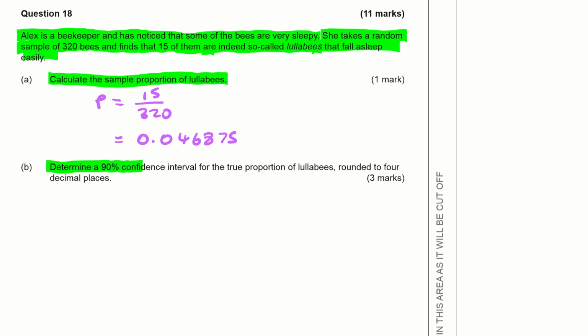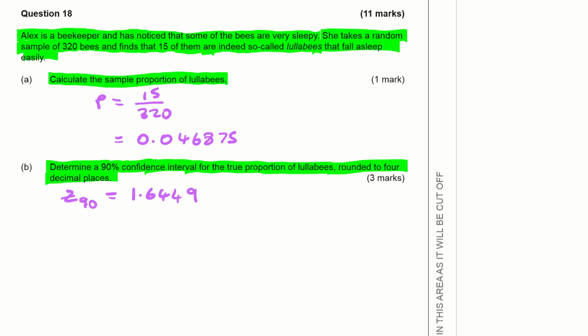Determine a 90% confidence interval for the true proportion of lullabies rounded to 4 decimal places. Well, we've seen z90 before in this paper, 1.6449, and we've seen how to do the confidence interval.